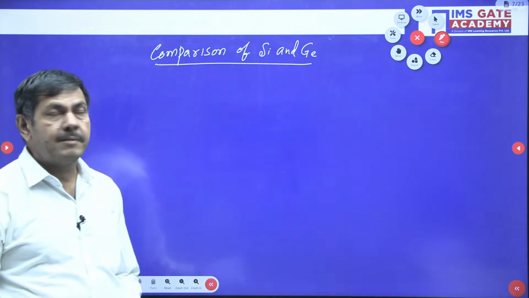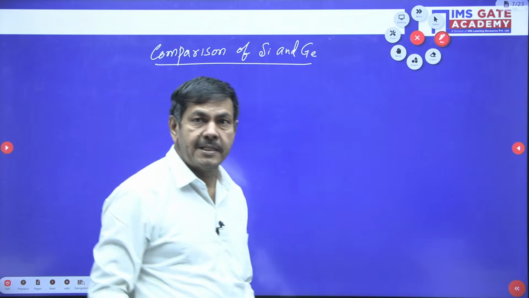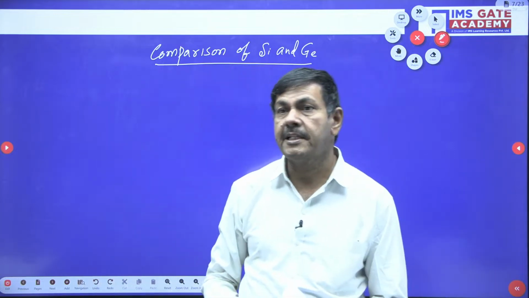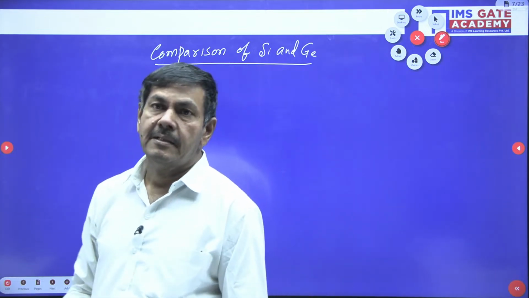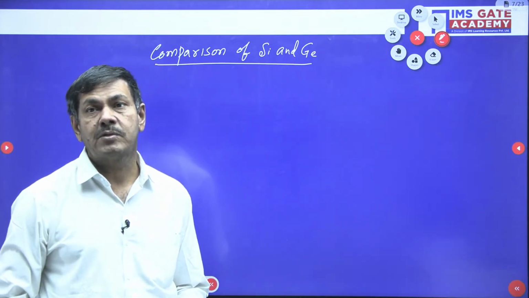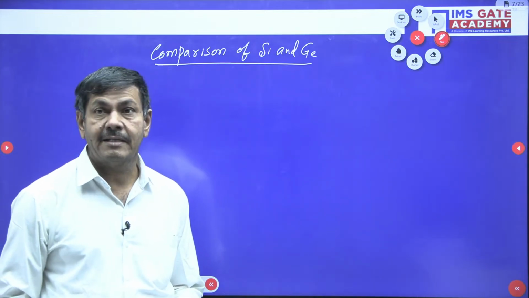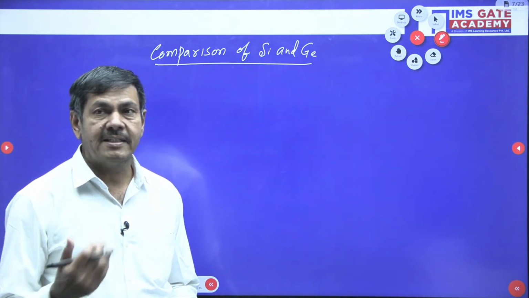Which is stable at high temperature? At high temperature, which material is stable? Silicon is highly stable as compared to germanium.